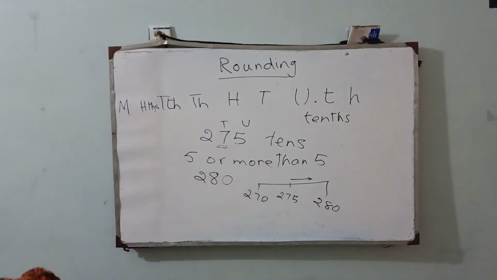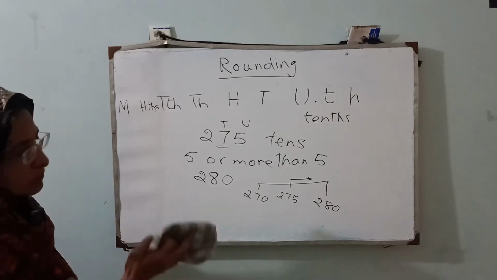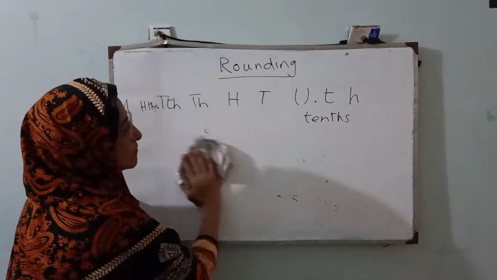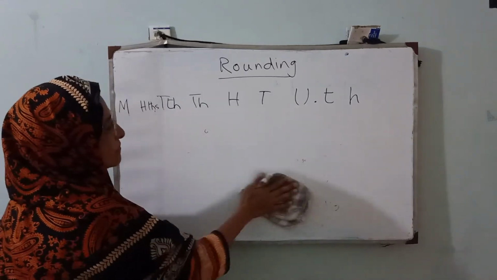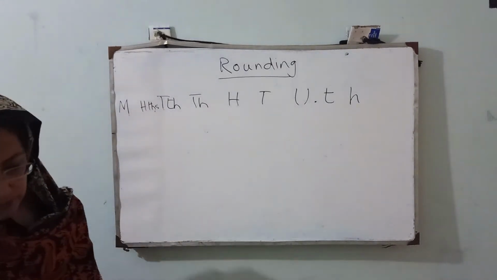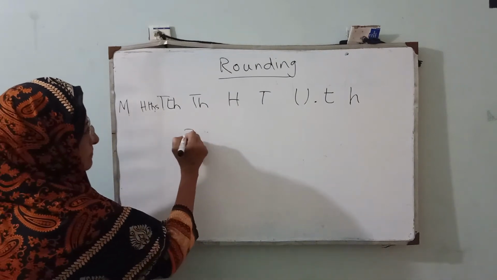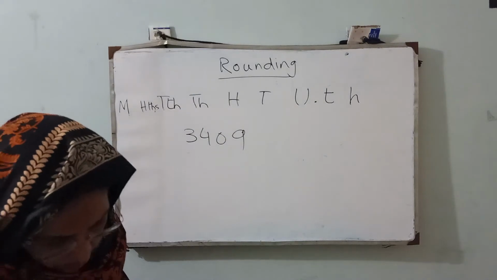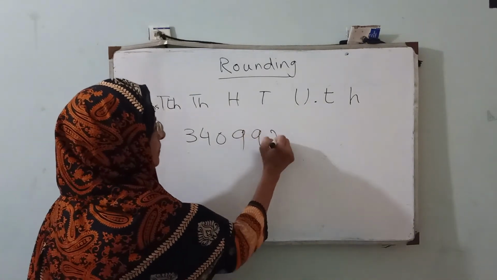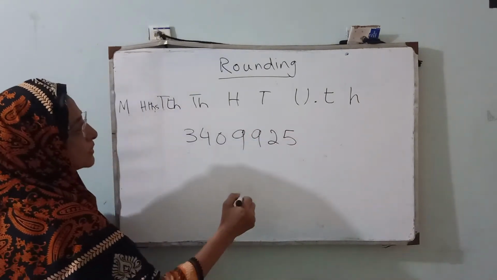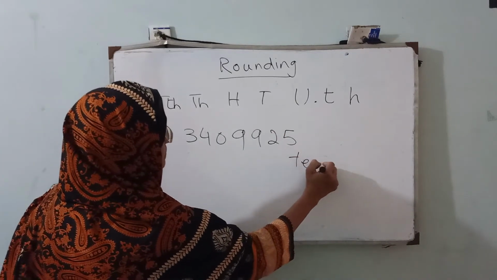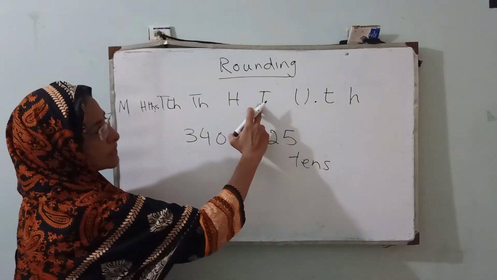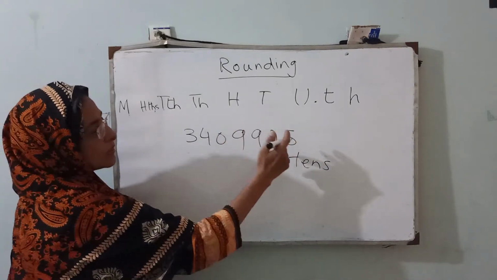Now the next example is saying that if I have a bigger number and I want to round it to the nearest tens, what I am going to do is, I know that the tens place is the second place in my place value table.